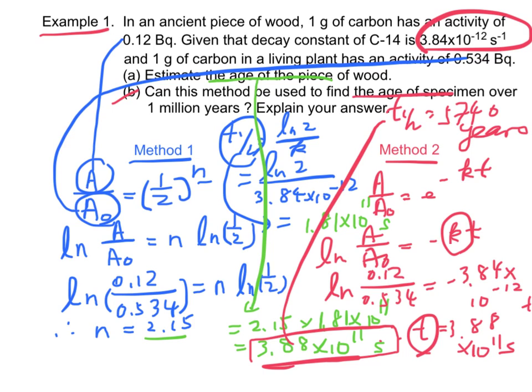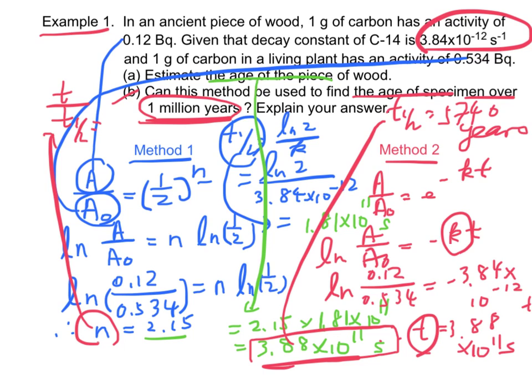If the age of the specimens is over 1 million years, then the number of half-lives passed will be about t over half-life, which is about 10 to the power 8 over 5740, which is much larger than 10.